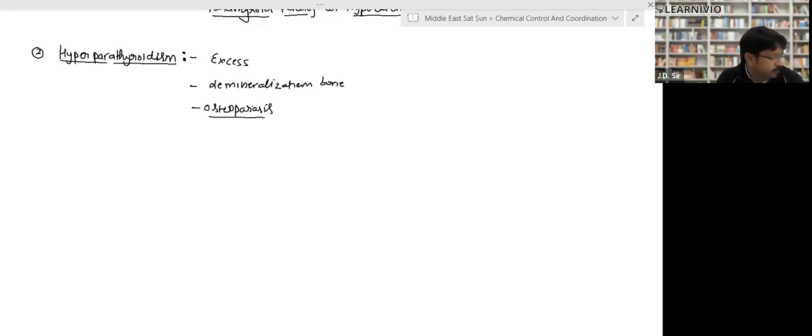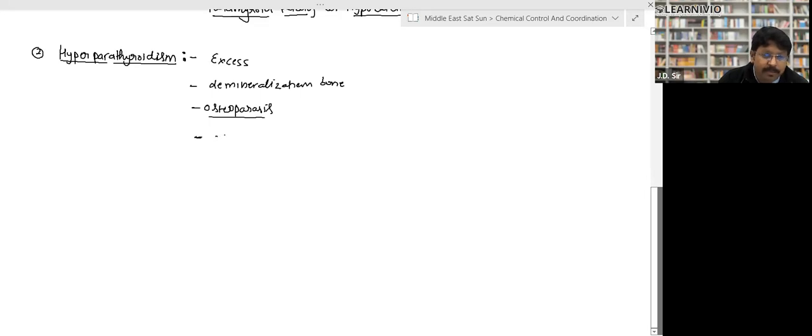Next point. Excess of parathormone causes calcium deposition.